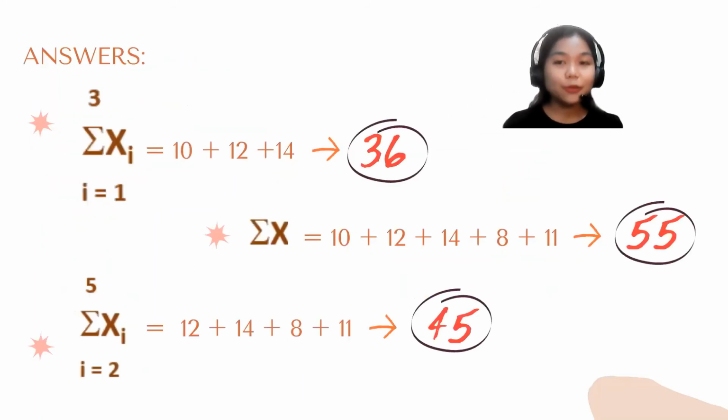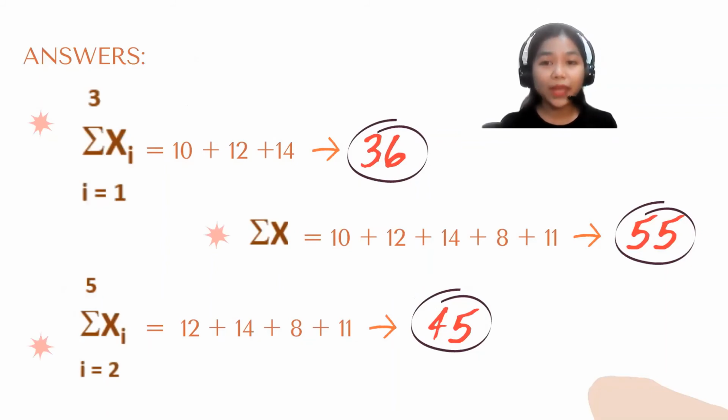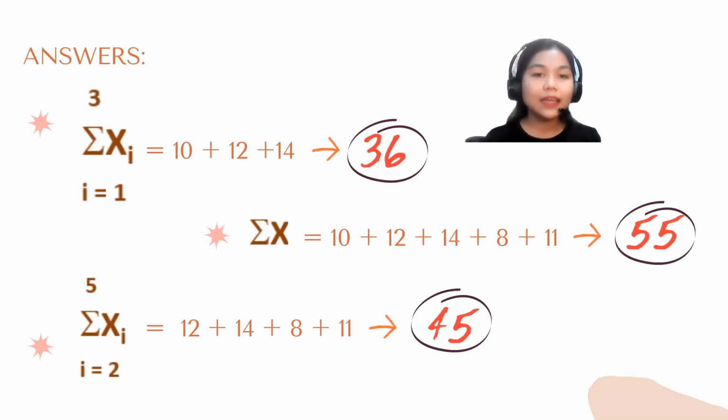Again, we simply need to add the values pertaining to the weight of the first child to the third child. So it's x1 plus x2 plus x3, replacing those with 10 plus 12 plus 14.